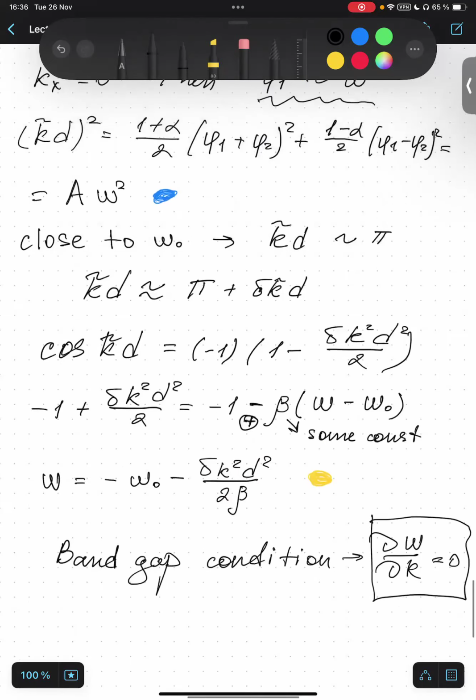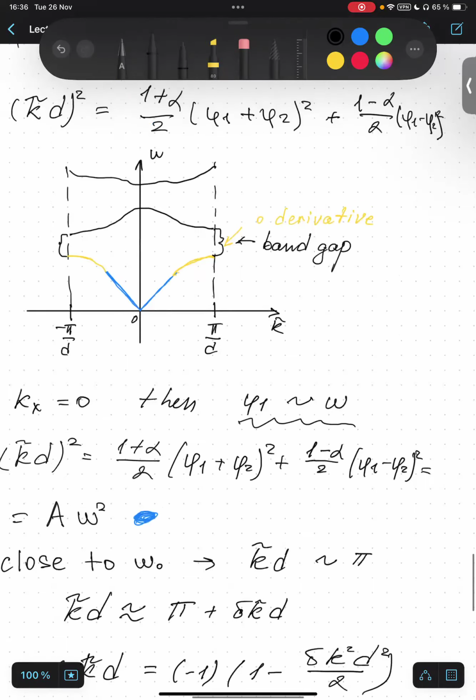Also important to note that these branches can actually cross in some materials, for example, in graphene. So when you know the structure and the electric constants, you can build the photonic crystals.